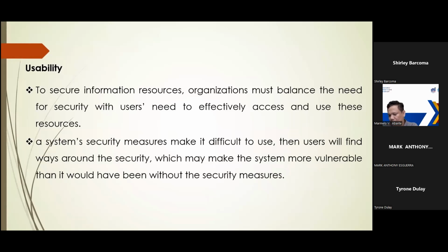If a system security measure makes the system so difficult to use that users will find ways around it, this may make the system more vulnerable than it would have been without the security measures.